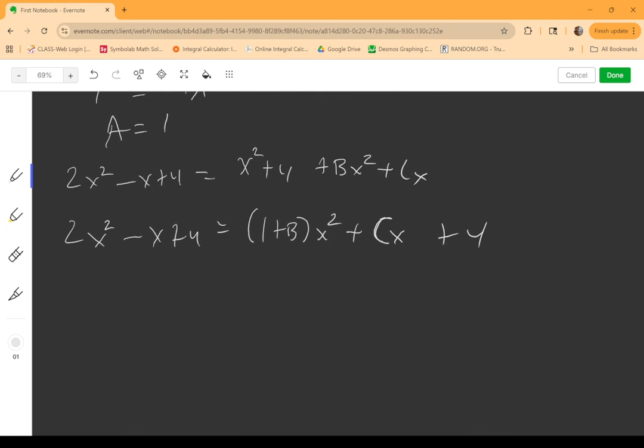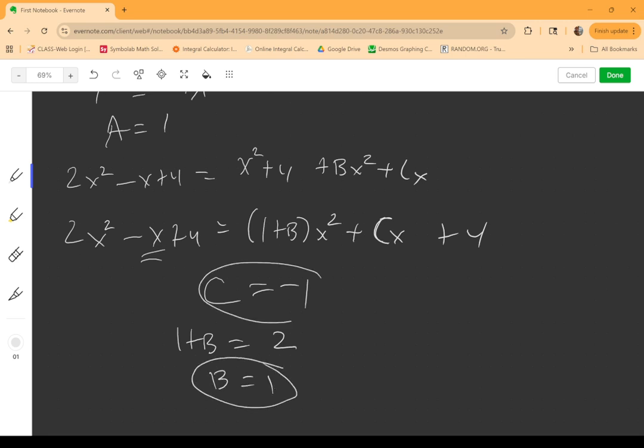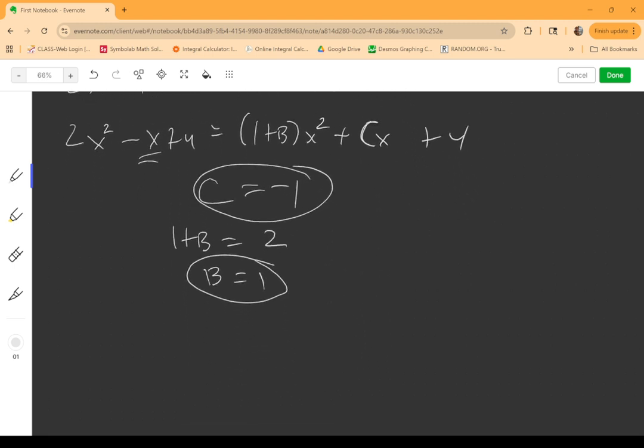Okay, and then from here, comparing coefficients, right, we have 4 and 4, that's good, right? The constant is 4. I get c has to be -1 by comparing it here. And then I also know that 1 plus b must equal 2. In other words, b must be 1. Okay, so now I have my integral.